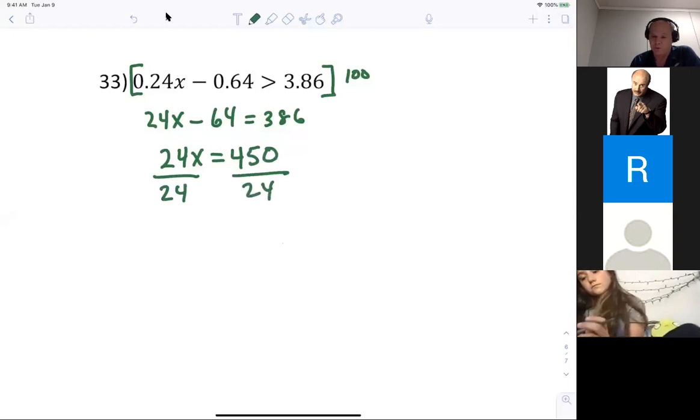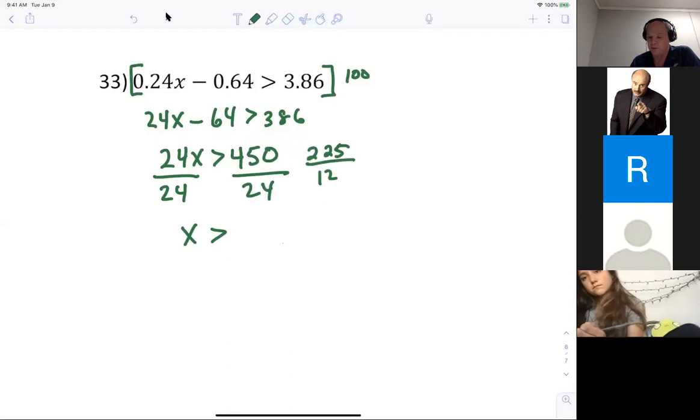Uh-oh, but I put an equal sign up here. Somebody don't be afraid to yell out. That's greater than. Now we'll divide by 24. We don't need a calculator for this. Now we know that we can divide by 2. So that's going to be 225 over 12.